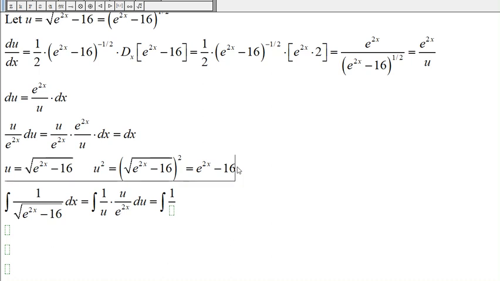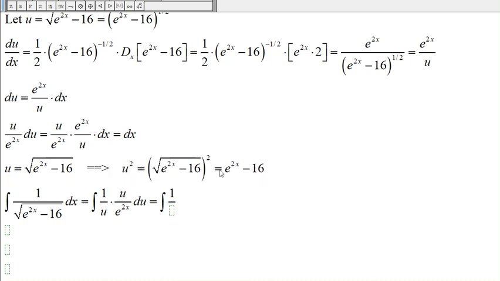If we add 16 to both sides, we get u squared plus 16 is equal to e to the 2x. So e to the 2x is u squared plus 16, then du.